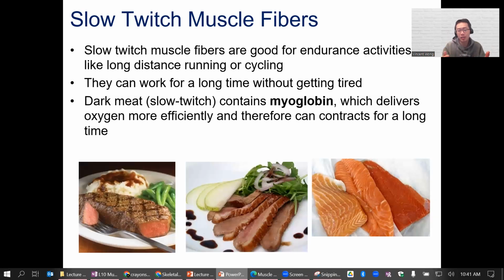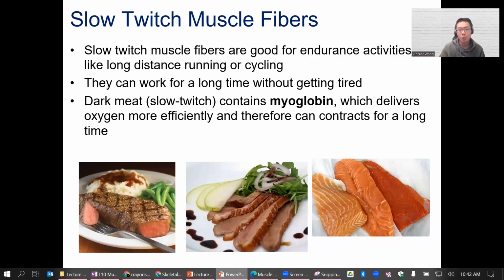You would have slow twitch in your back muscles, your neck muscles, and all these areas. So when you eat dark meat, the dark meats are usually from parts of an animal where the muscle is not used for bursts of energy.